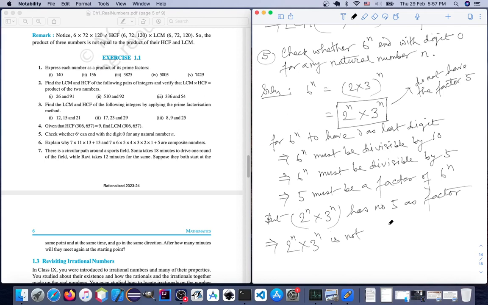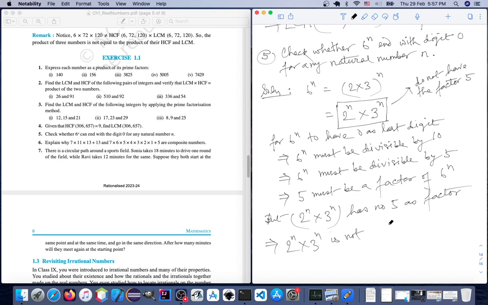So to have 6 to the power n with the last digit as 0, it must definitely be divisible by 10. 6 to the power n must be divisible by 10, only then will it have a 0 as the last digit.